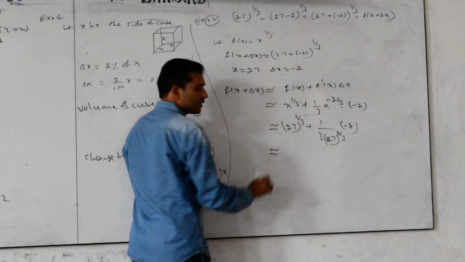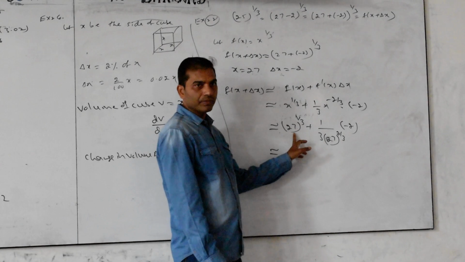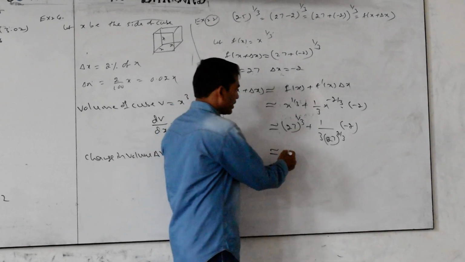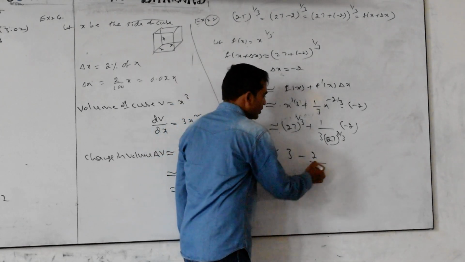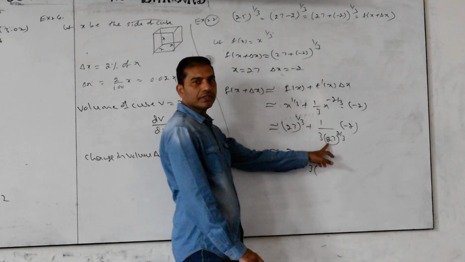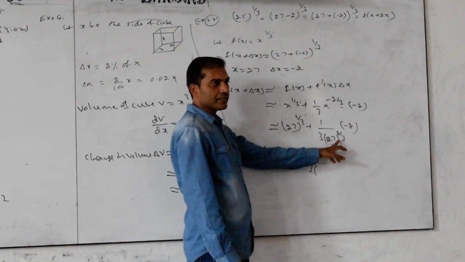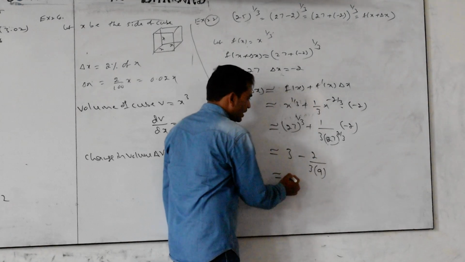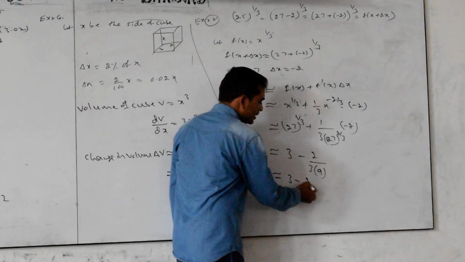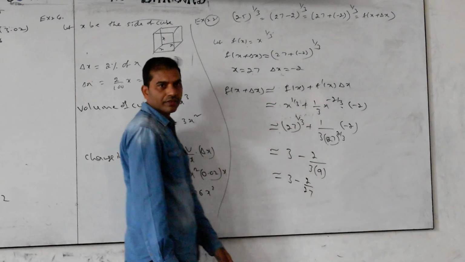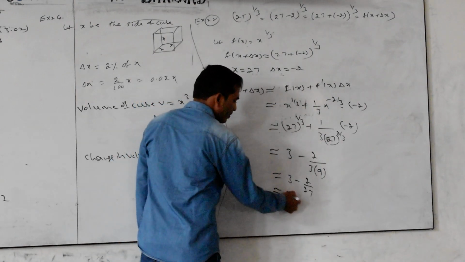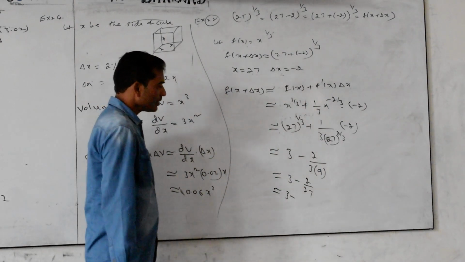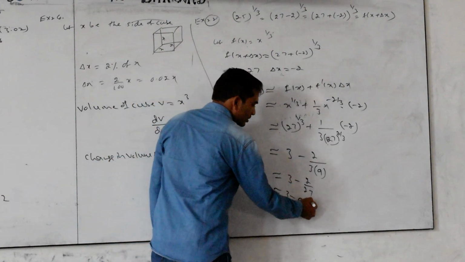27 means 3 cube. So 3 cube gets cancelled, minus 2 by 3, and 3 square is 9. So this is approximately 3 minus 2 by 27. 2 by 27 is about 0.07.